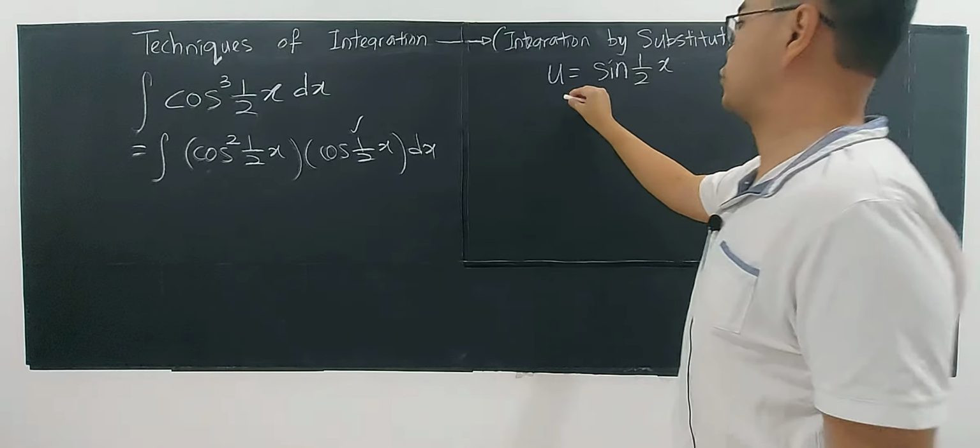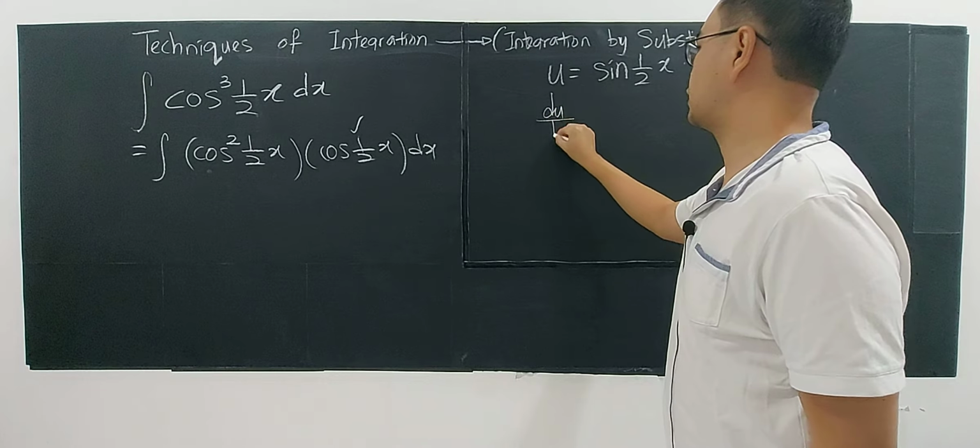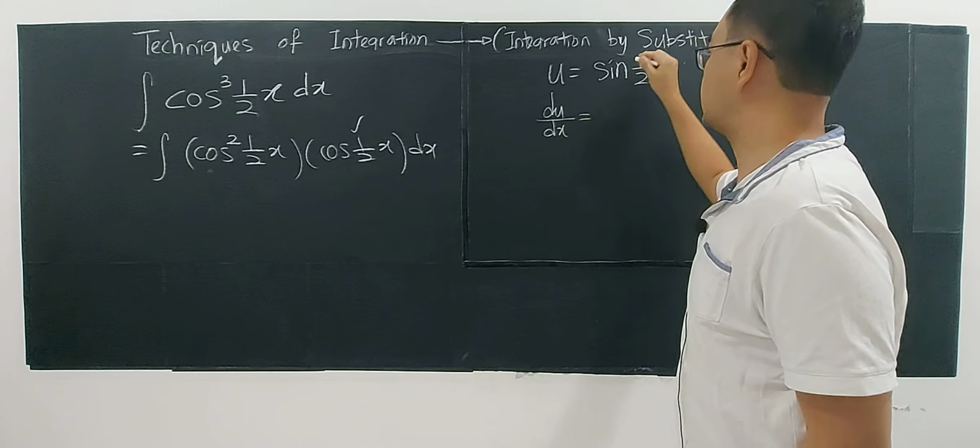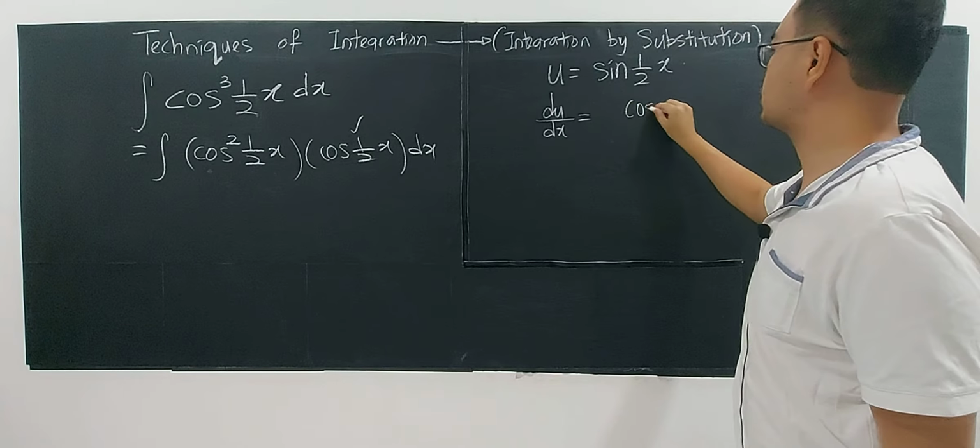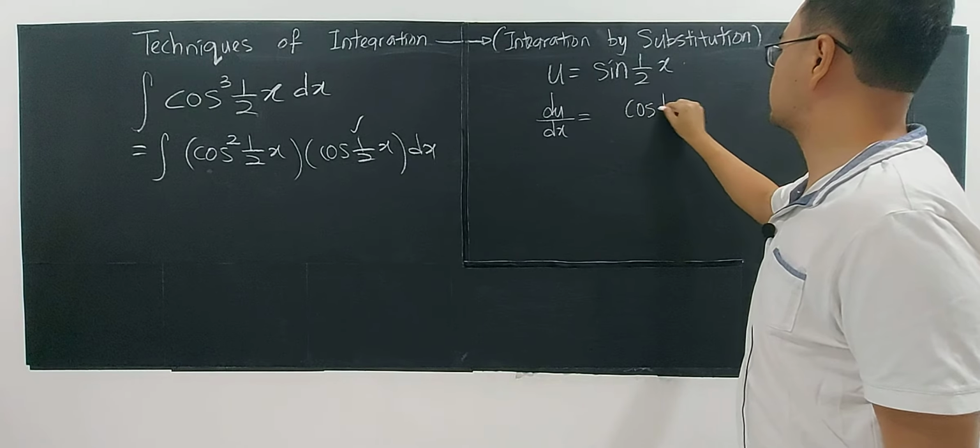Then I differentiate this: differentiating sine gives cos half x, and don't forget to differentiate the inside, you have 1 over 2. As long as you see cos half x, you will be happy. These two cross over and become 2 du, and this one becomes cos half x dx.